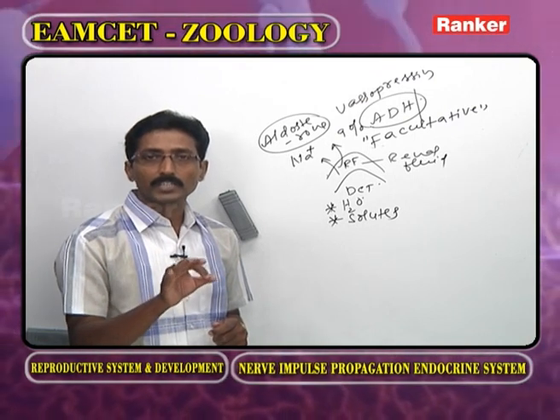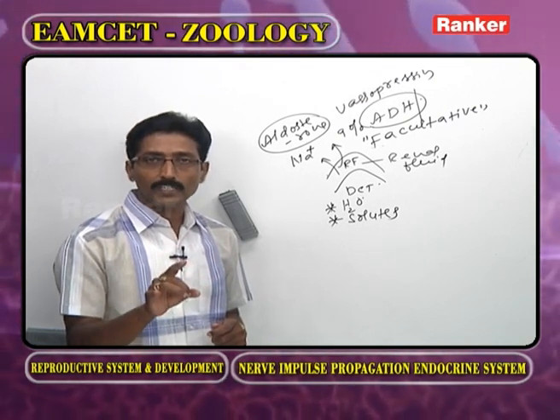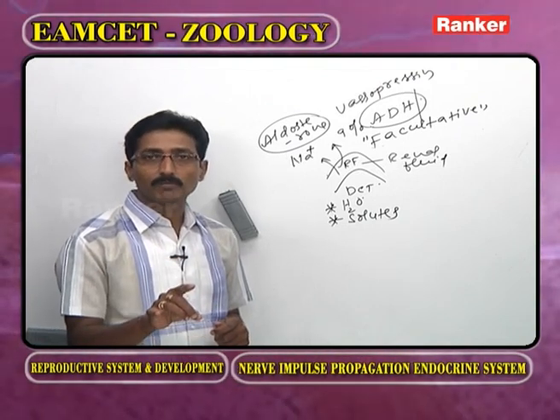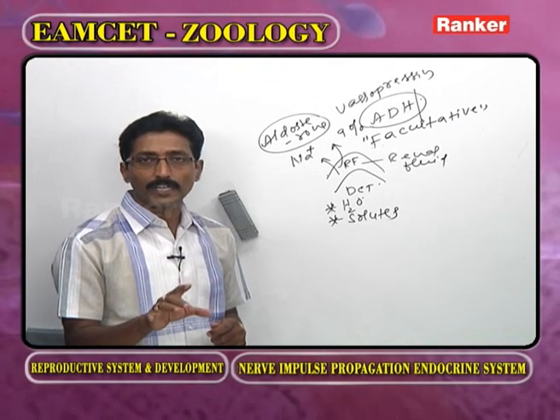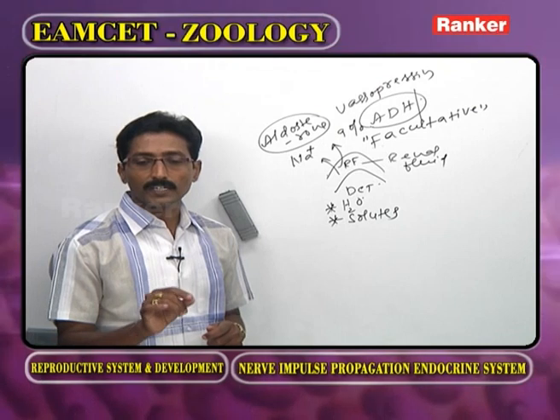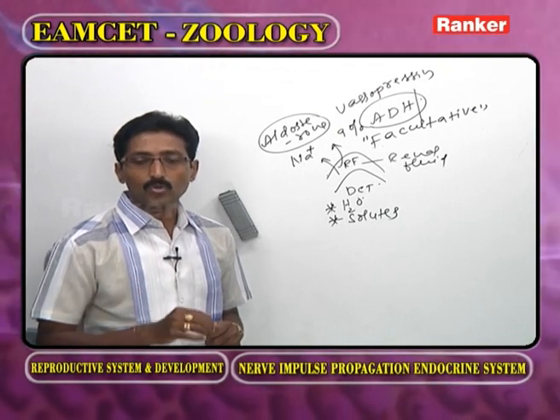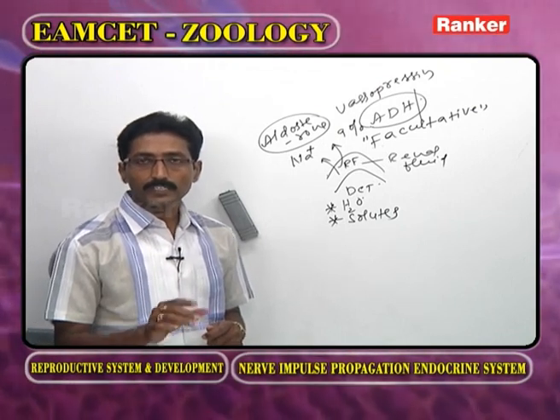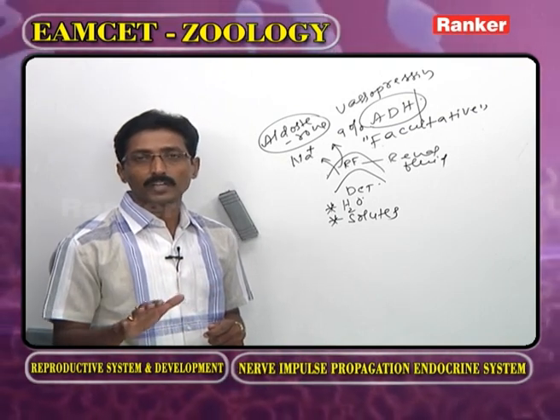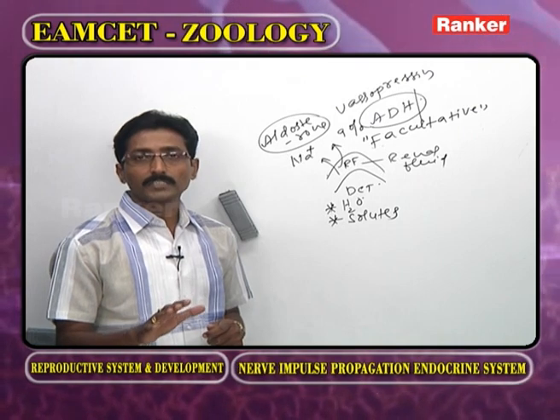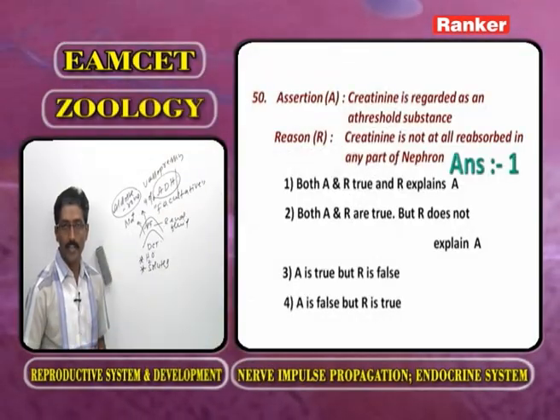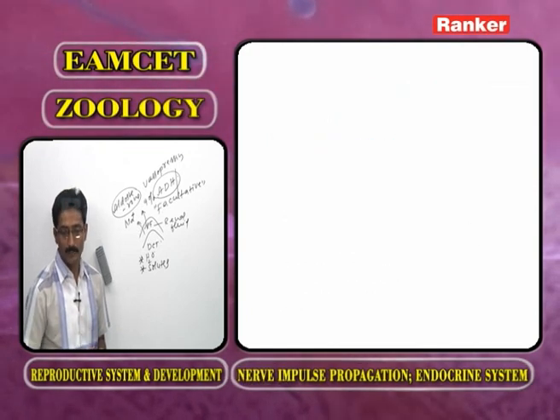Those materials not necessary and not reabsorbed by the blood, we call athreshold. Creatinine is not reabsorbed in any part of the nephron, hence it is called athreshold. The answer is both are correct, and the reason explains the assertion. Now we go for the next question.